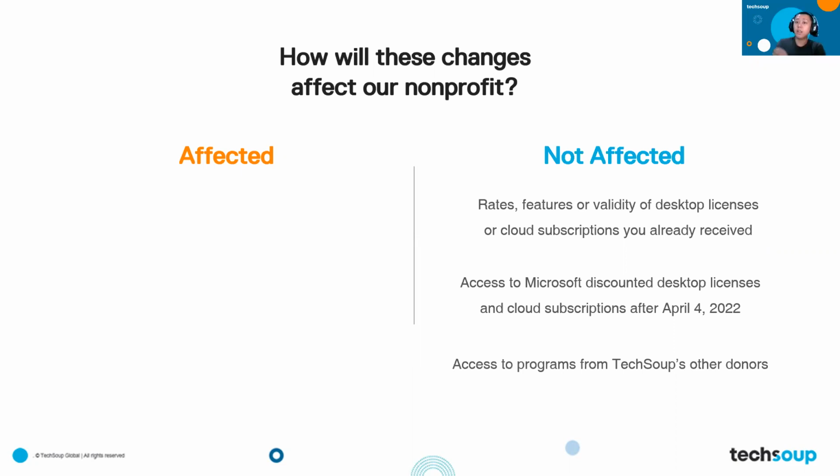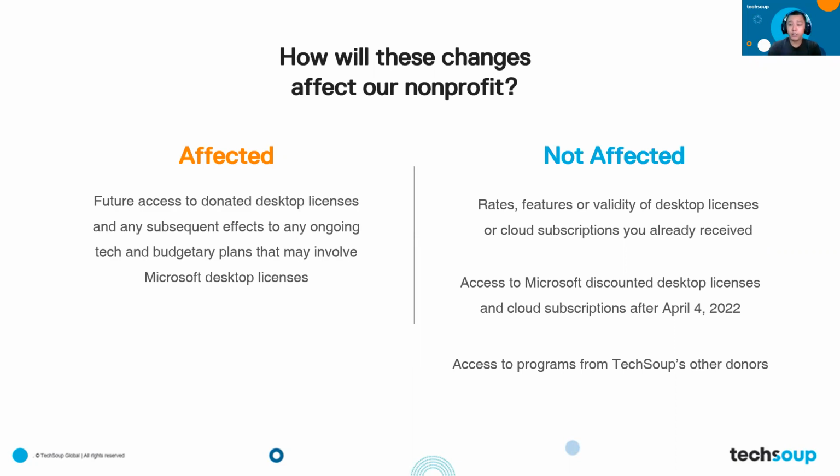Other donor programs will not be affected. A good example is if you've received donations from Google, Adobe, Zoom, Facebook, and so on, those are not affected at all. However, what will be affected is your future access to donated desktop licenses. By April 4th, those will no longer be available to you.